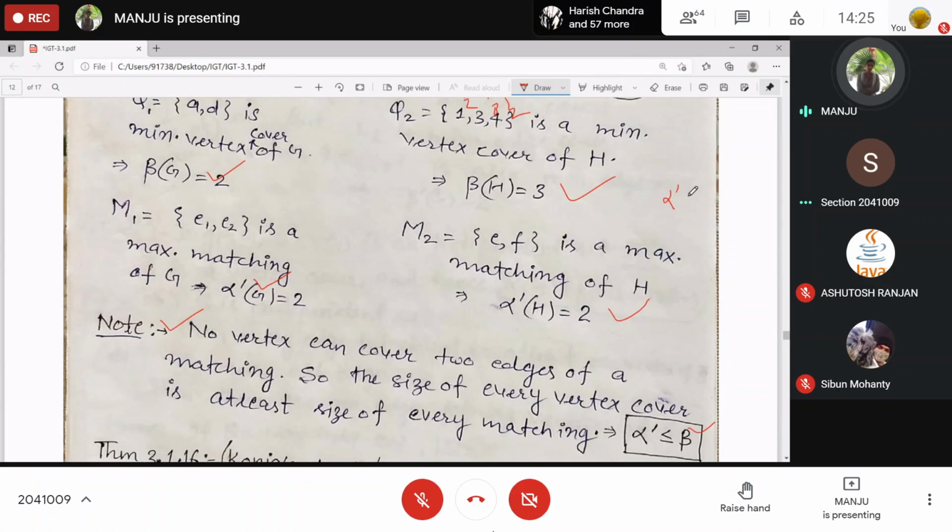That's why at least इतने number of vertices तो होने चाहिए ना to cover all the edges of this one, right? Okay. So always beta is greater than or equal to alpha dash. This is your minimum vertex cover, and this is your maximum matching.